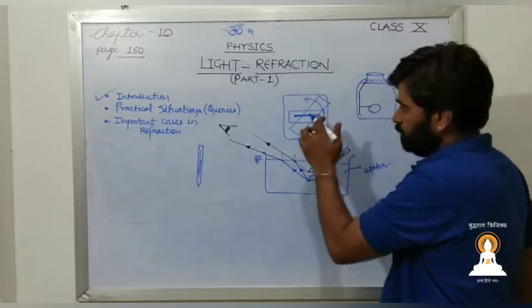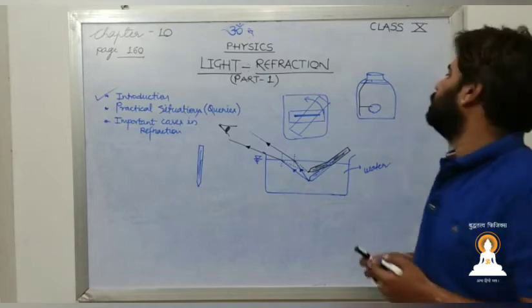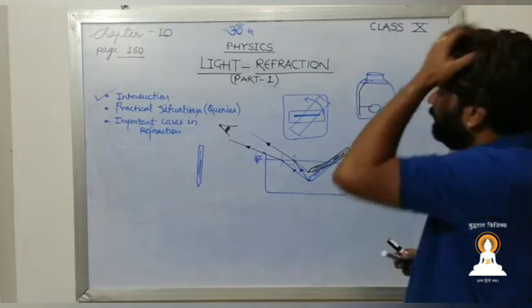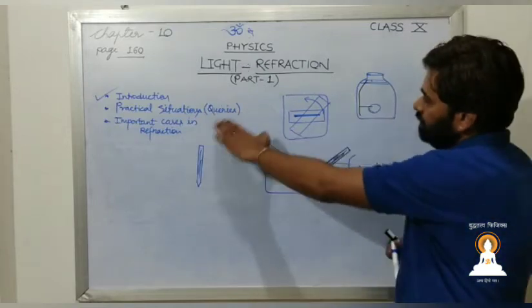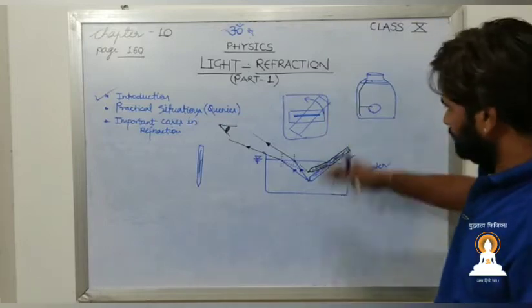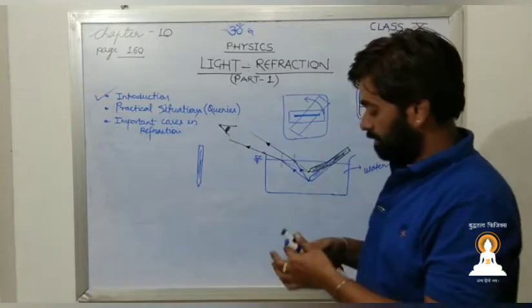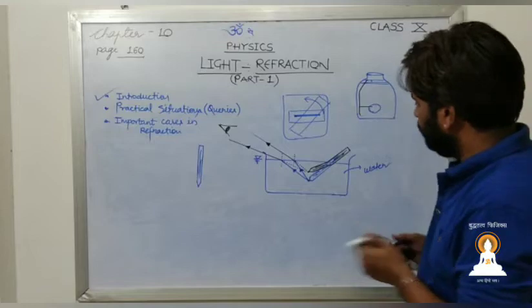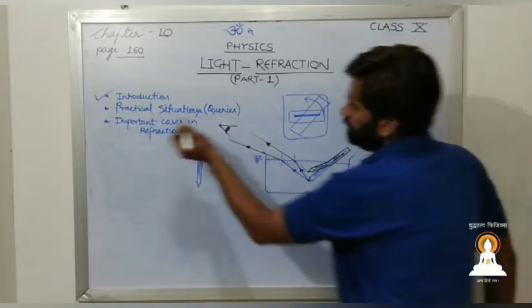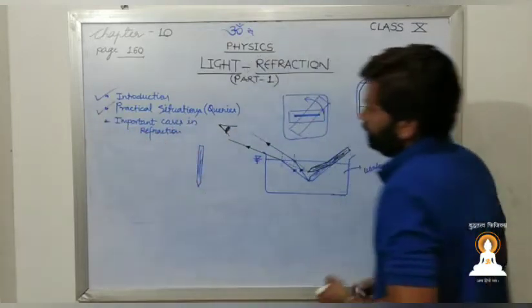That is also just because of refraction. So many different concepts are there with refraction. We will discuss them later on, but for the time being, these are a few popular cases we have discussed here.